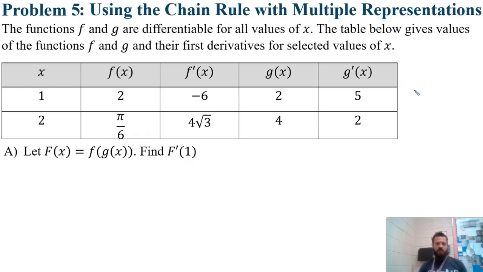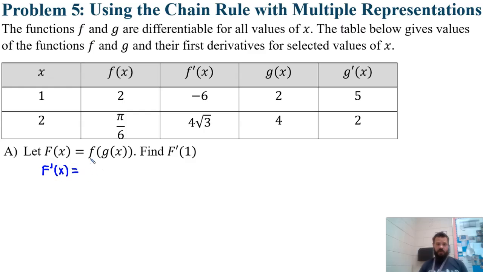Here it looks like we have a table of values for f, f prime, g, and g prime for a few different x values. We have f of x equal to f of g of x. We want to find f prime of 1. Let's start off by finding f prime of just the x.